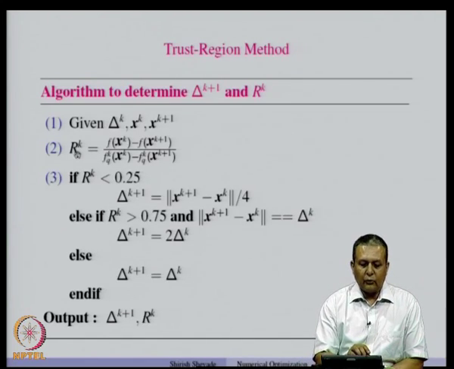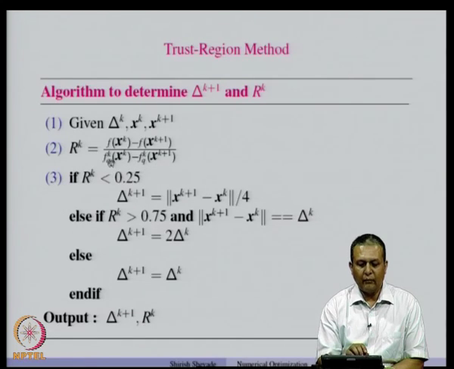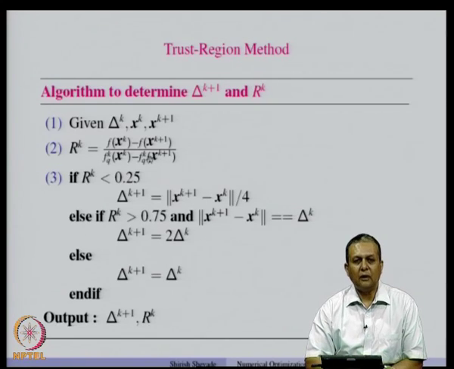So, let us define the ratio r k to be the function value at x k minus function value at x k plus 1, divided by f q k at x k minus f q k at x k plus 1. So, f q k is the quadratic approximation of the function at a given x k, and f q k at x k plus 1 is that quadratic approximation's value at the point x k plus 1. So, the numerator denotes the actual decrease in the objective function and the denominator denotes the predicted decrease in the objective function.